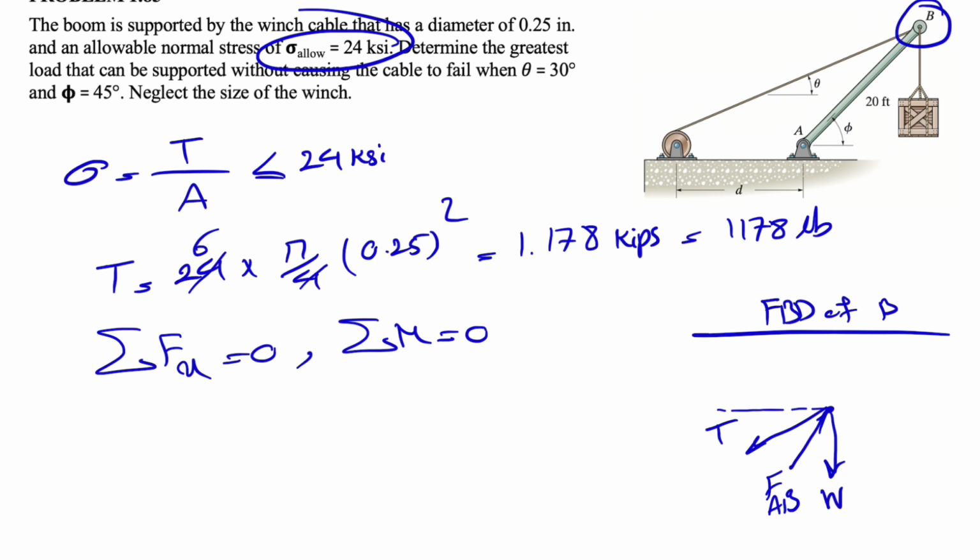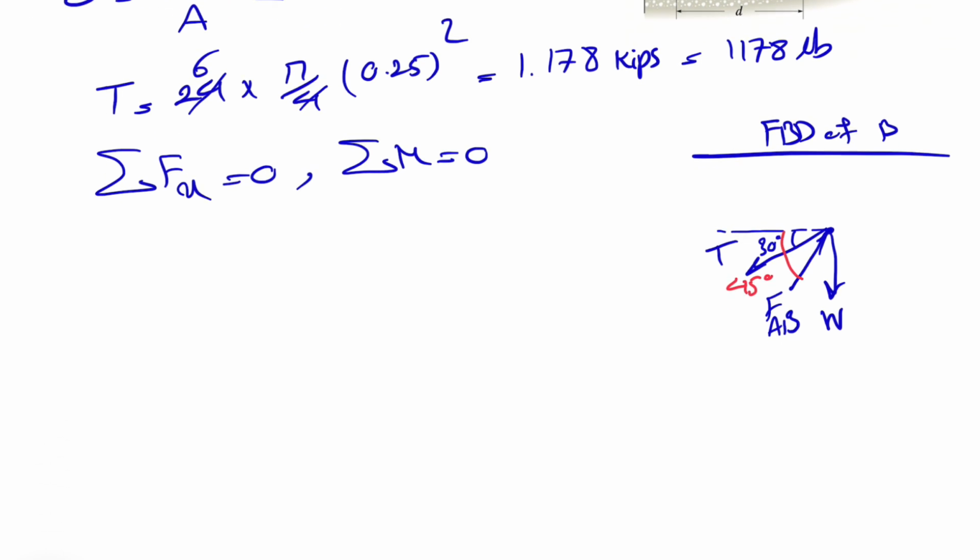And so this angle in here would be the angle theta, and from the question we know it's 30 degrees, so this is 30 degrees. And what we have for phi, I'm going to show it in a different color so you can see it better. Basically this angle is phi. So our phi is 45 degrees, which is this angle here, 45 degrees.